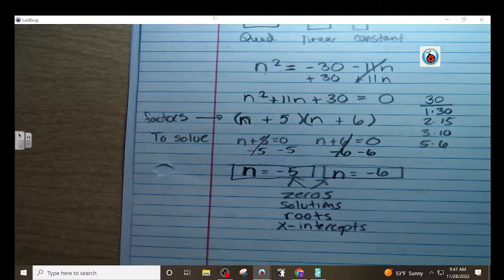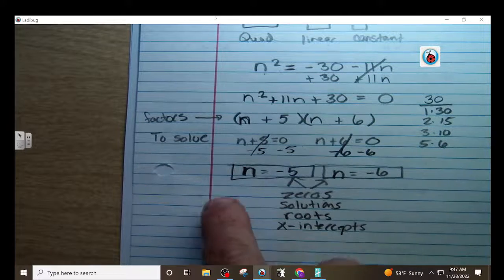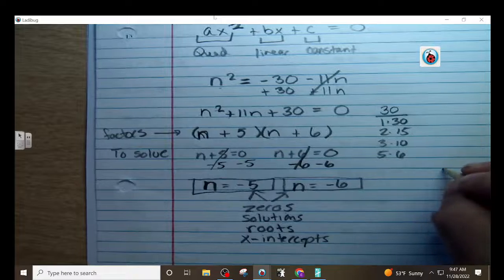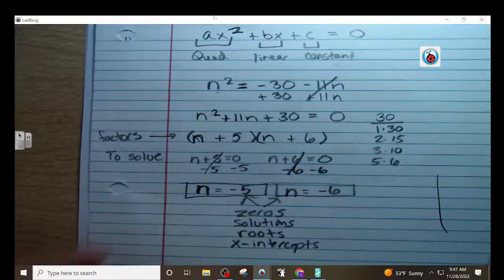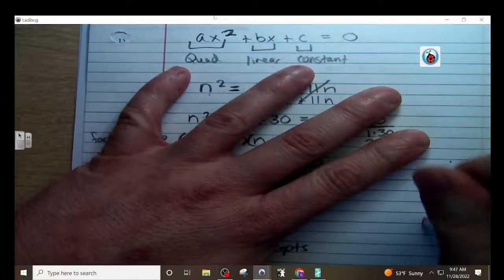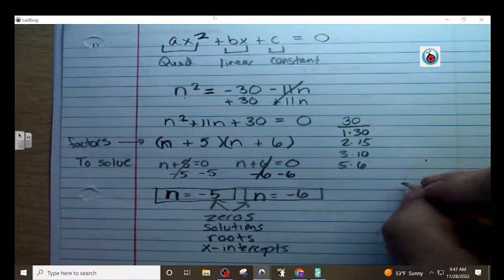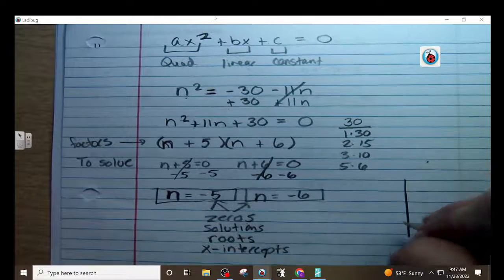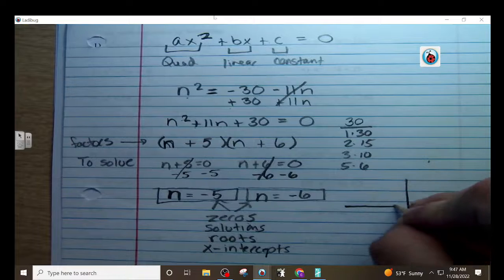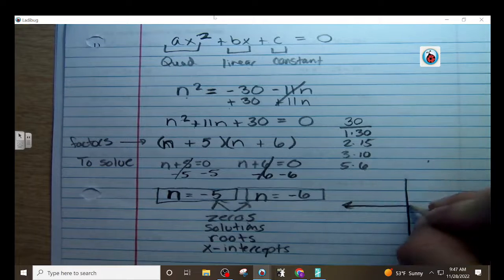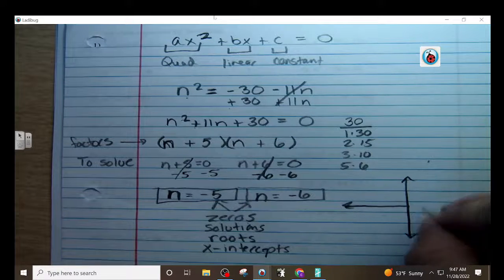And guys, remember what this is. So if I had this parabola, I mean, it may not be drawn exactly like it's going to be, but if I had this parabola, and I've got an XY axis, so I have my X over here.